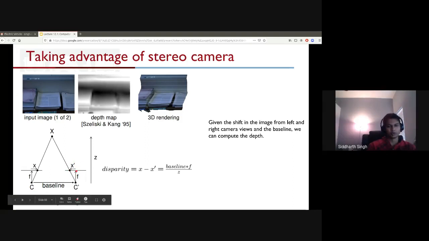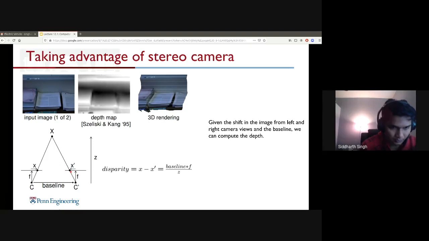If we do simple high school geometry and apply similarity of triangles, we will see that x minus x dash is essentially this distance. Okay, x minus x dash is this distance.